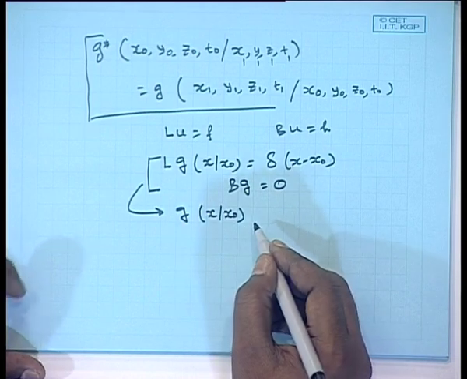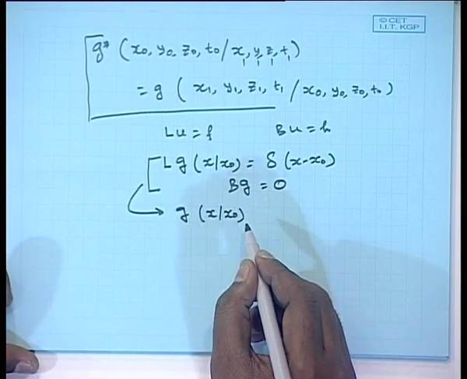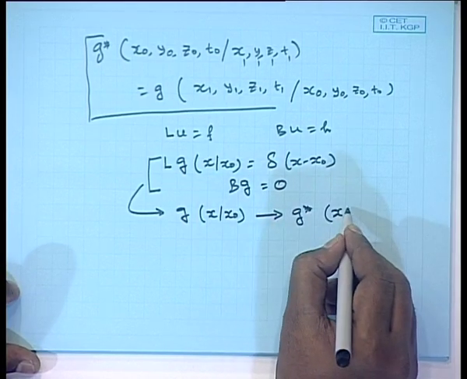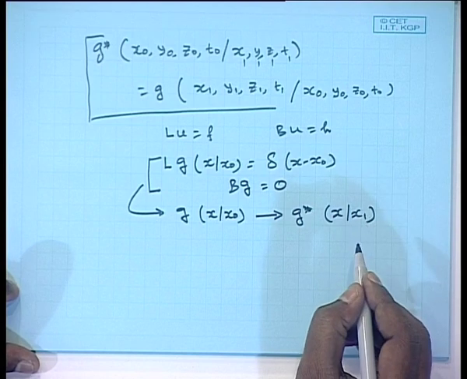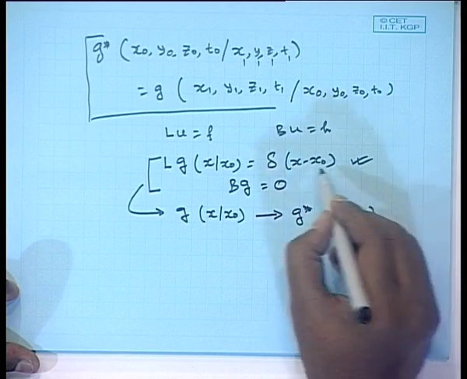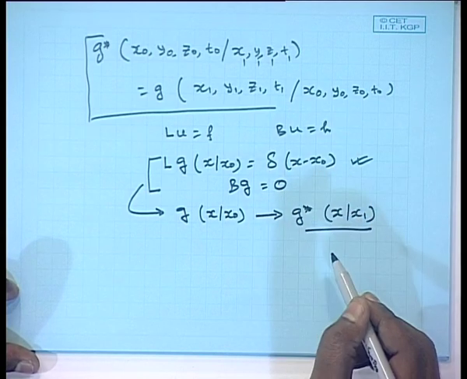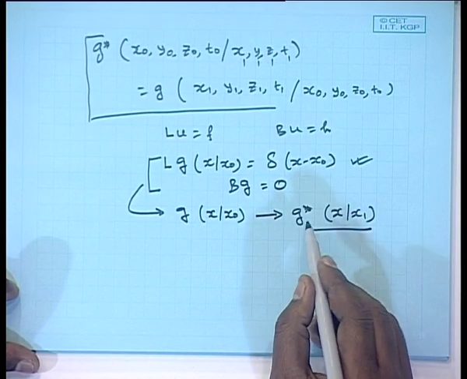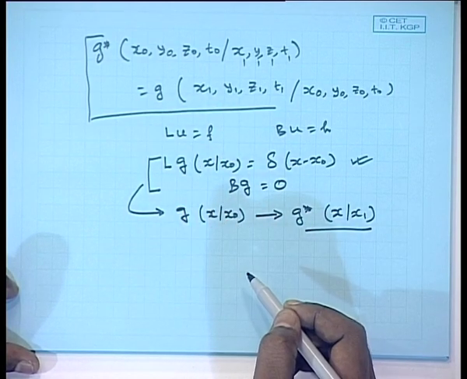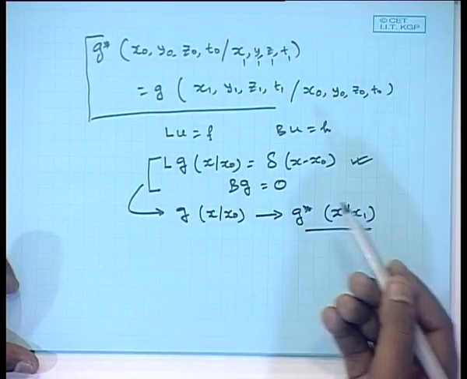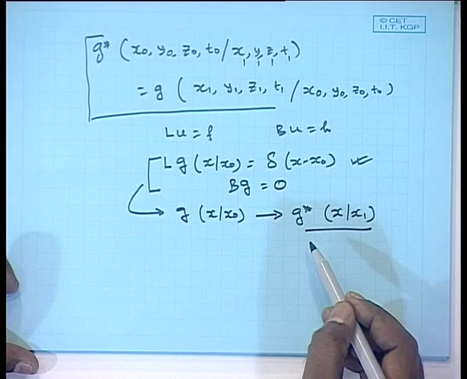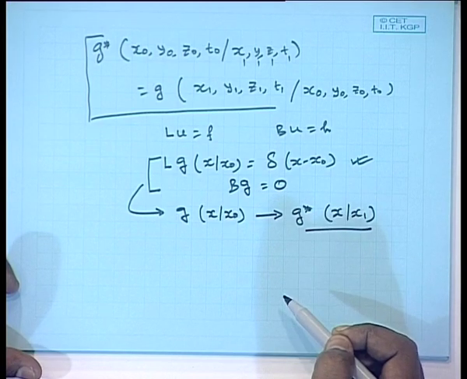From that, by simply interchanging the indices, you will find the adjoint Green's function x by x1. This is the crucial step. Once you get this, then you relate g star with u to get the solution of u. Why? Because exactly like the matrix operation, the solution of u will be L inverse f. L inverse is nothing but the adjoint Green's function in the case of a continuous function.